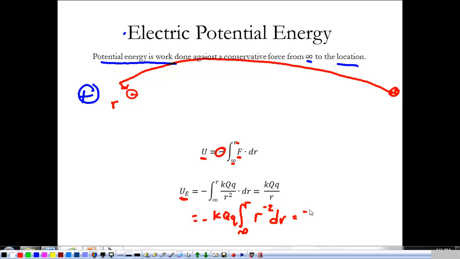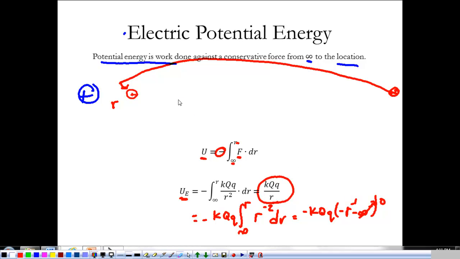And so that gives me negative KQQ times, well, add 1, negative r to the negative 1, from infinity being my initial location to r being my final location. So r to the negative 1 minus infinity to the negative 1. Well, infinity to the negative 1 is 0. And this is what we get.